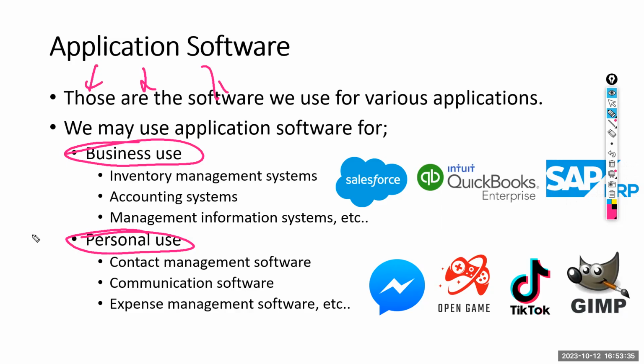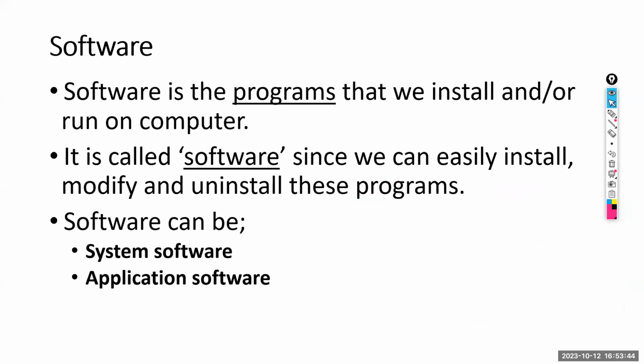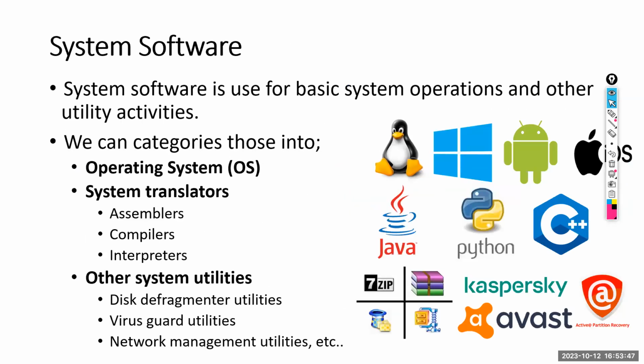Right. Now let's look at system software, because it's easier to explain once you understand application software. So what is system software? Remember, application software is the different personal or business applications. Those are the on-top software, the software that we really want to use. That is why we buy a computer. System software is other, more low-level software.